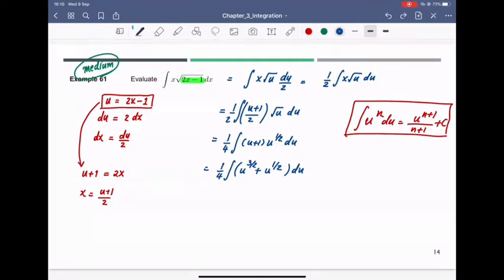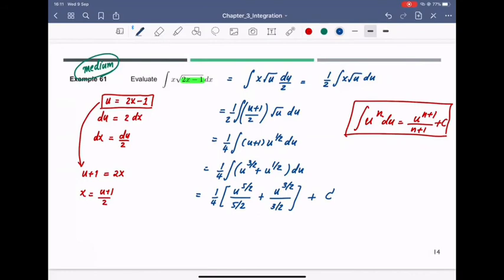So now I expand that so I can integrate. I get a quarter. So integrate u to the 3/2, and I get u to the 5/2 over 5/2, because you add 1. And then plus c. Don't forget to add c, because this is just an indefinite integral.